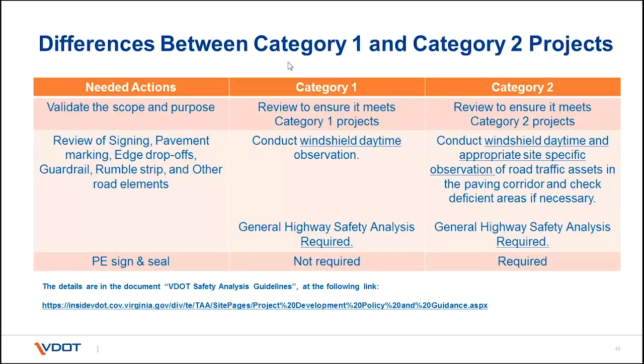I just touched on some very high-level points here. If you have any detailed questions about the daytime windshield assessment and what's included in the general safety assessment, please take a look at the document first, and then if you have any further questions, we'd be happy to answer them.